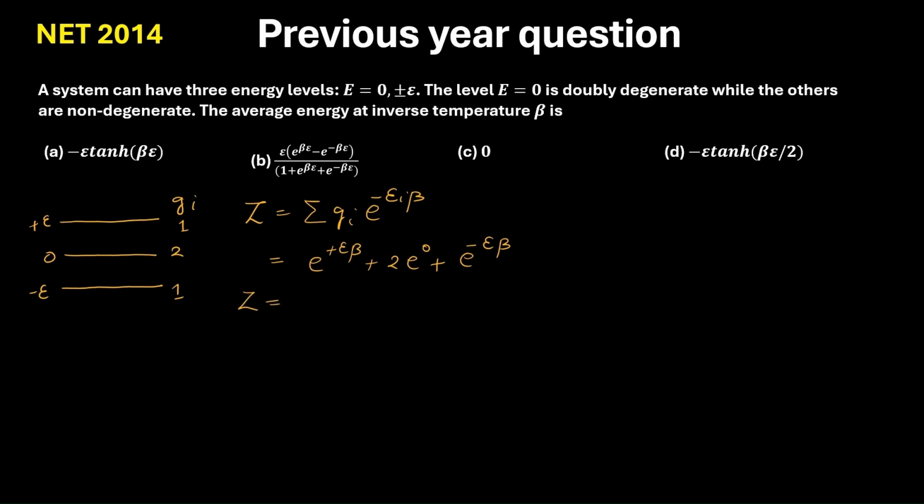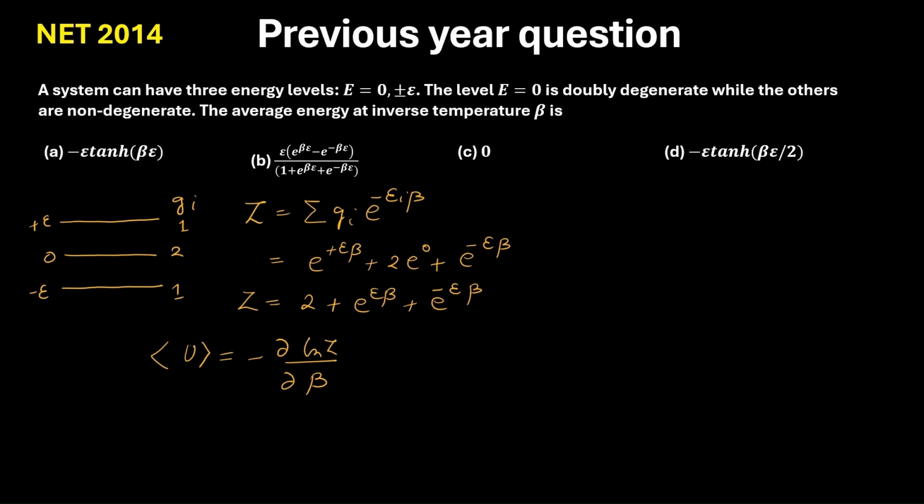So the partition function is 2 plus e to the power epsilon beta plus e to the power minus epsilon beta. Now we have got the partition function. They are asking about energy. So the average energy we can directly write by differentiating the log of the partition function with respect to beta.